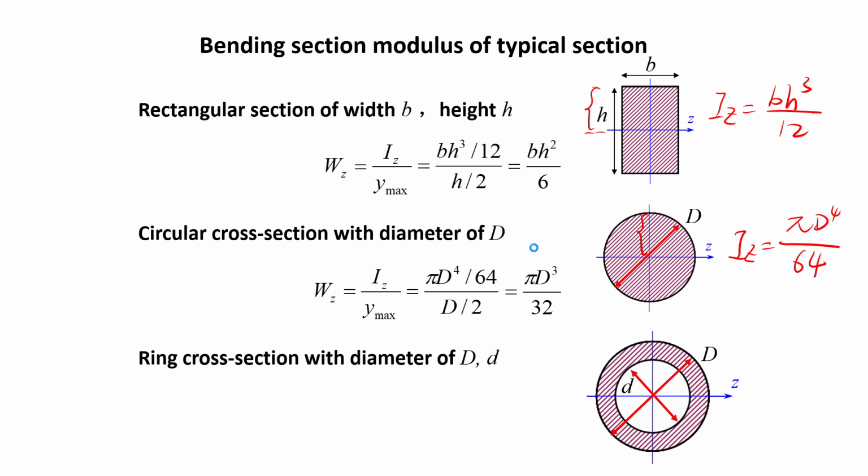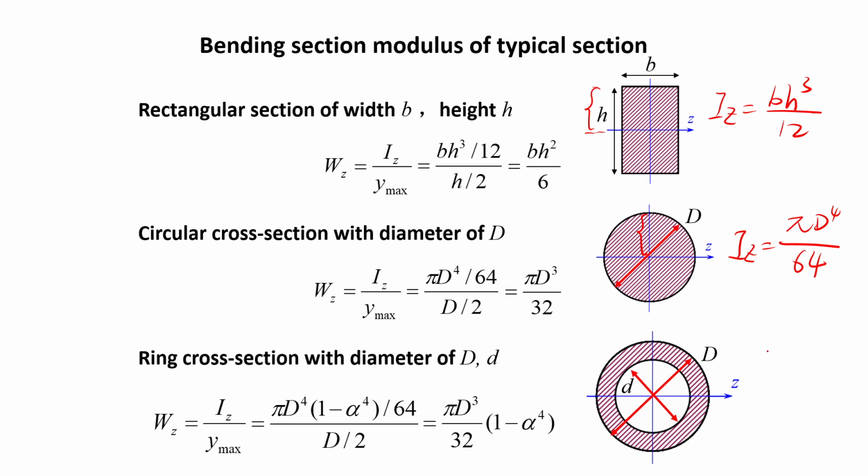For ring-like cross-sections, you have an inner diameter and an outer diameter. And we know that Iz is equal to this equation, where alpha is the ratio between d over big D. So you can use that equation again to work out the ring-like section modulus.